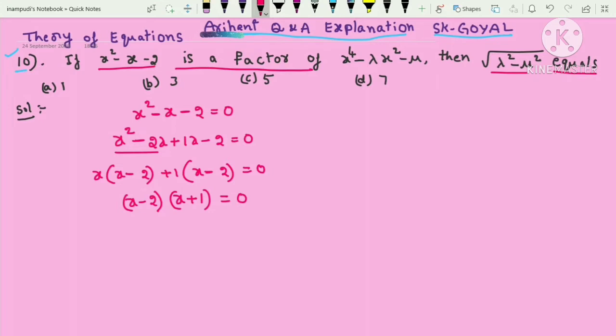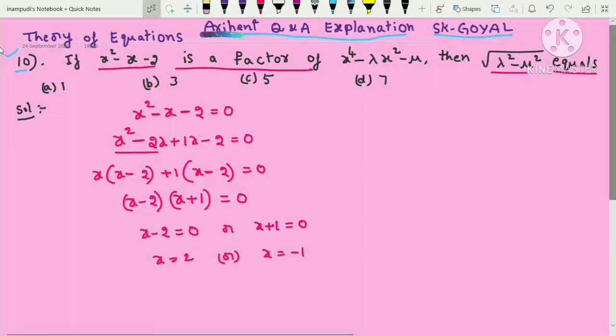Either x - 2 = 0 or x + 1 = 0. So x = 2 or x = -1. These two are the roots of this equation.